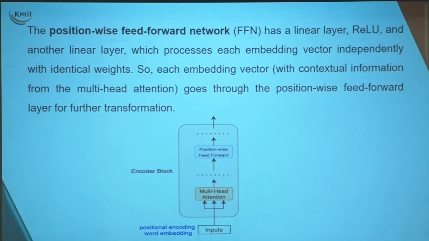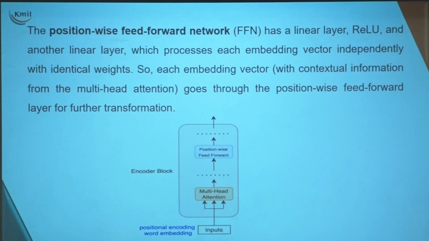Now look at this. The feed-forward neural network has a linear layer, and in the hidden layers we have ReLU activation functions, because ReLU passes the input through when positive, max(0, x), and processes each embedding vector independently with identical weights.